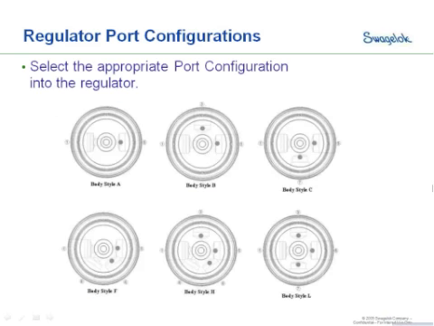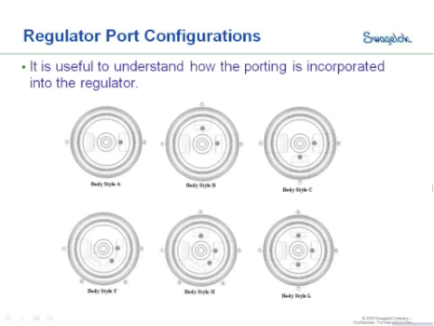But it is useful to understand how that porting is machined into the regulator itself. It's easy to understand when you have straight through flow from inlet to outlet, but as you start applying gauge ports, relief valves, things like that, then now you've got different ports, different machinings that are happening in the system.